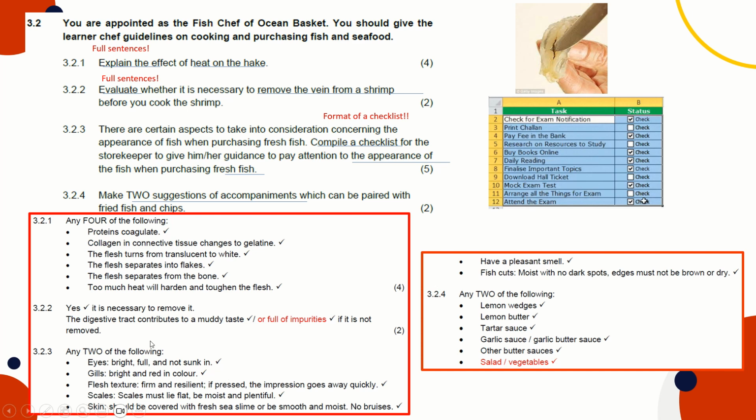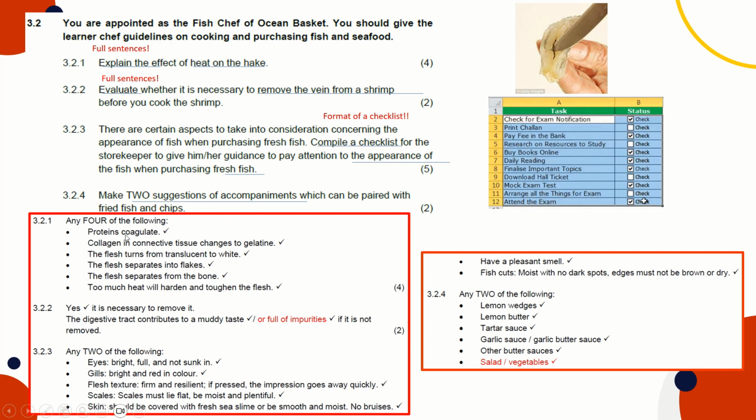Yes, it is necessary to remove that vein, 1 mark. And then you also need to tell why you've said yes. The digestive tract contributes to a muddy taste because that black line or black vein is the digestive tract, and it is also full of impurities if it's not removed.